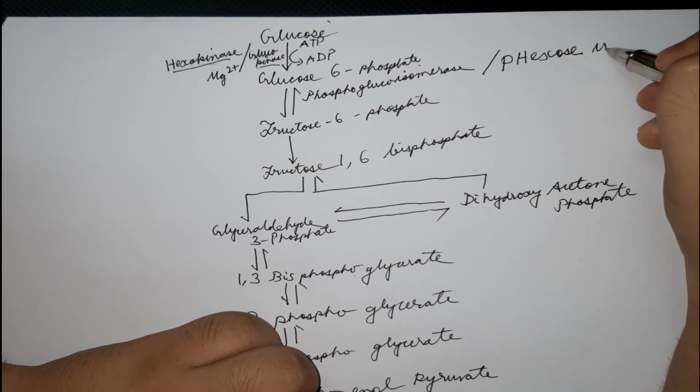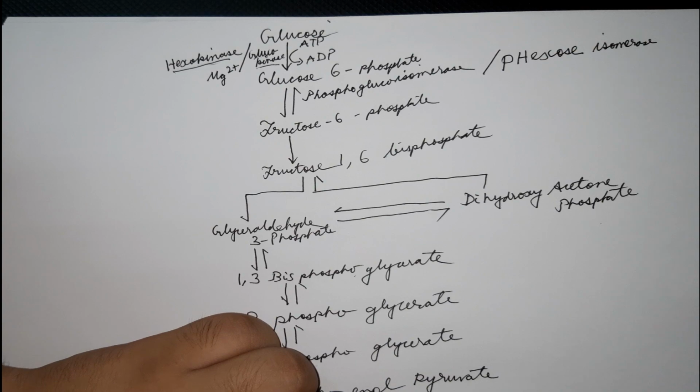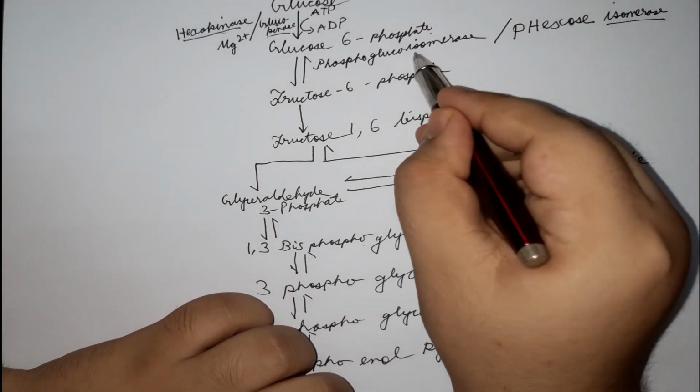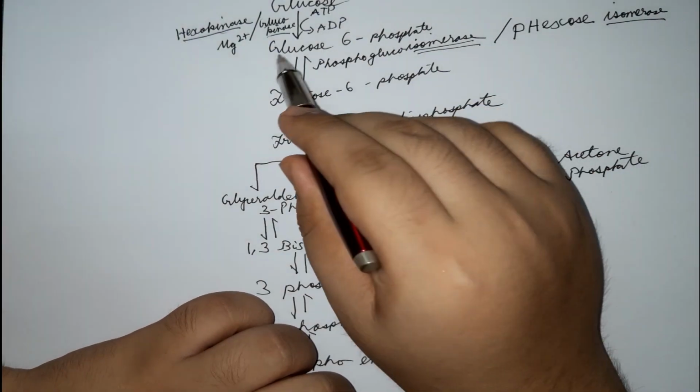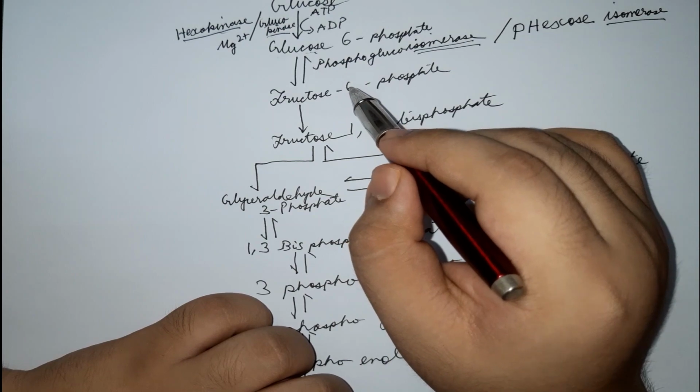Right. And obviously isomerase, the name is justified. Glucose 6-phosphate to fructose 6-phosphate, and glucose and fructose are isomers of each other.